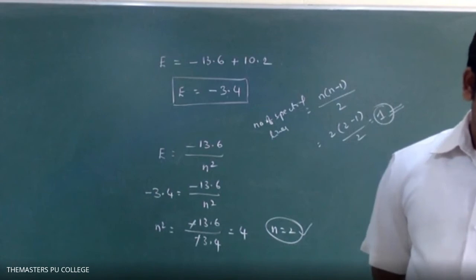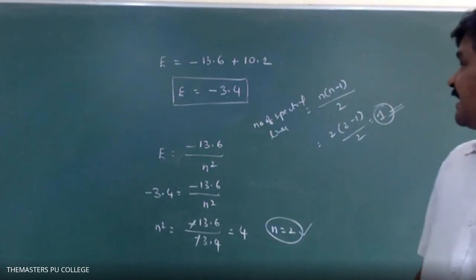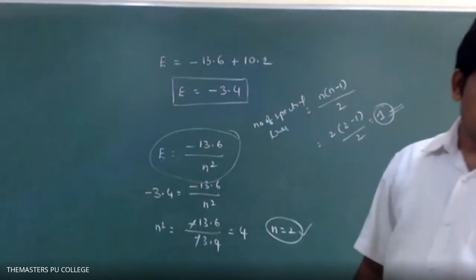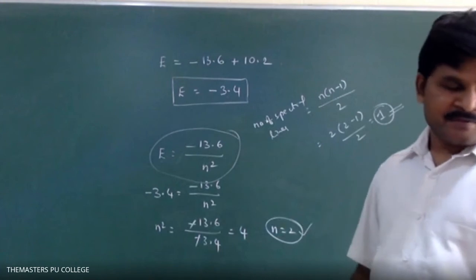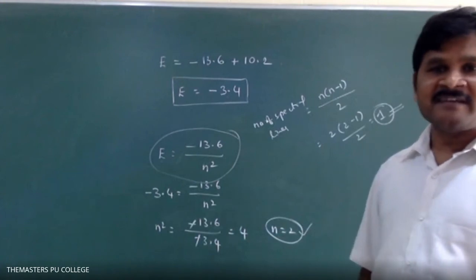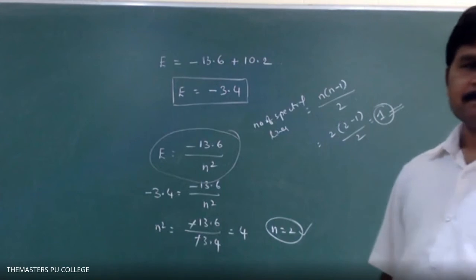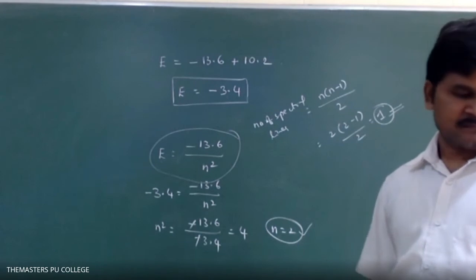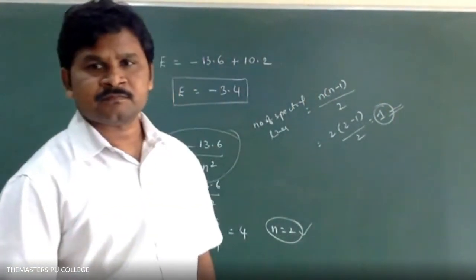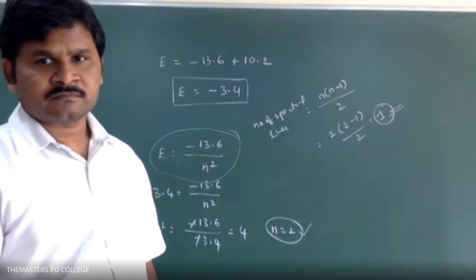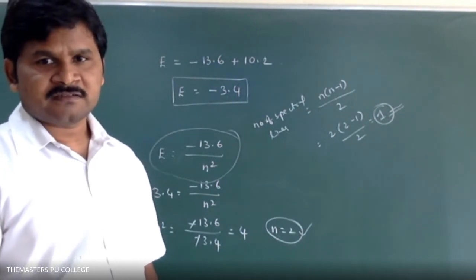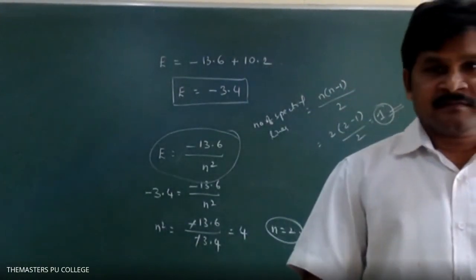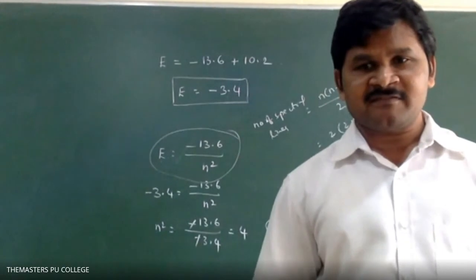Next. Question number 90. Please apply in this formula. What is the n value we have to take? The question only gives 5.